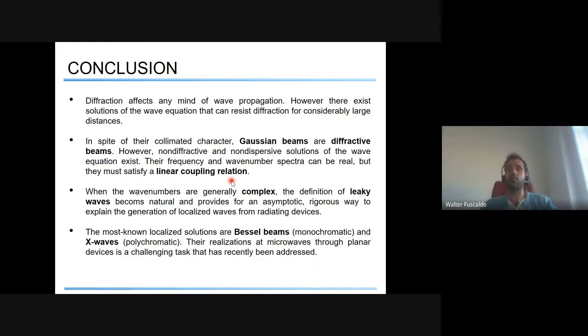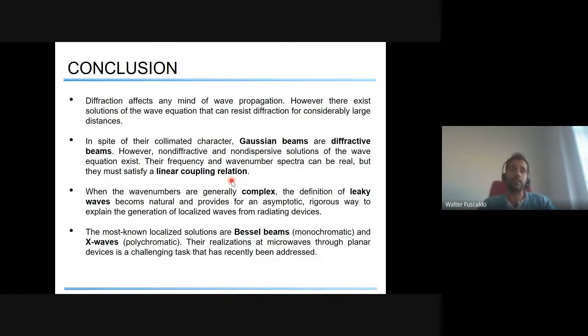We have seen that Gaussian beams, although they are quite focused, are diffractive and dispersive beams, and this is a consequence of the factorized character of the spectrum over which they are generated.